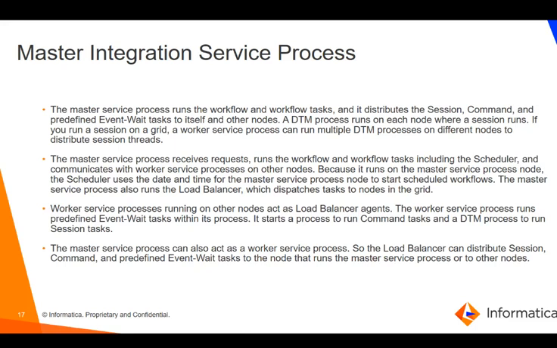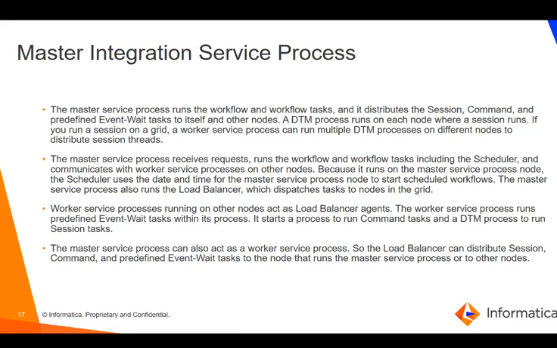Now the workflow will logically be executed within the IS process, and each of session 1 and session 2 will require a PM DTM process to be created, and the workflow can choose all the nodes within that integration service, right?